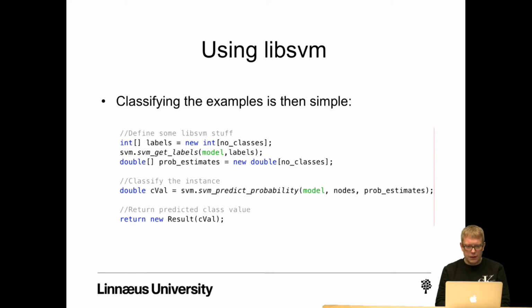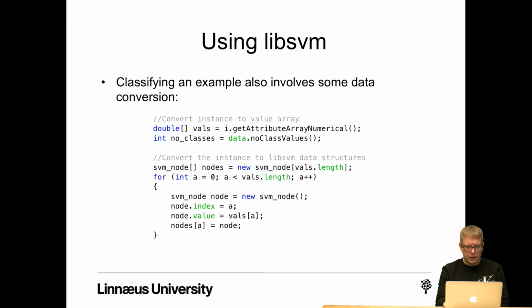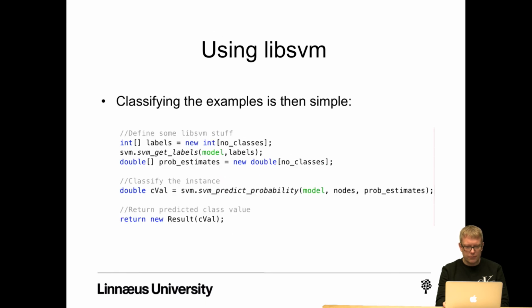And if we classify a new example, we create a double array called probability estimates with the length of the number of classes, and then we use svm_predict_probability with the trained model, that's the model we trained in the training step, and the nodes which we created here, the nodes for the attributes, and then the probability estimates array.